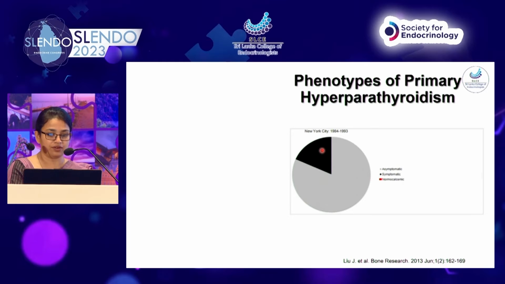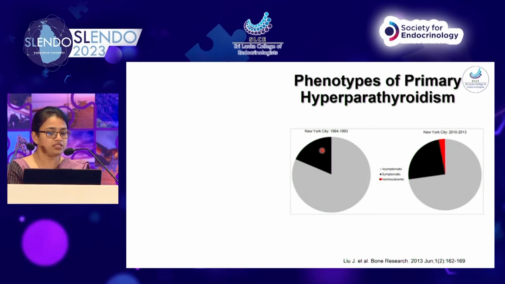But as we go on, in 2010 to 2013, there is an emergence of a new entity or a new phenotype, that is normocalcemic hyperparathyroidism, in addition to the majority of asymptomatic hyperparathyroidism and symptomatic hyperparathyroidism.